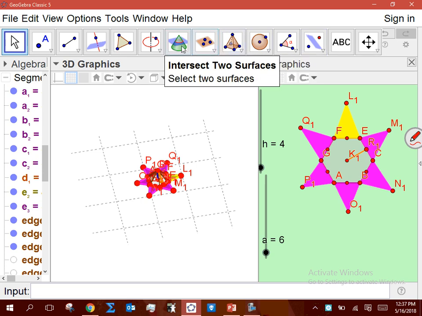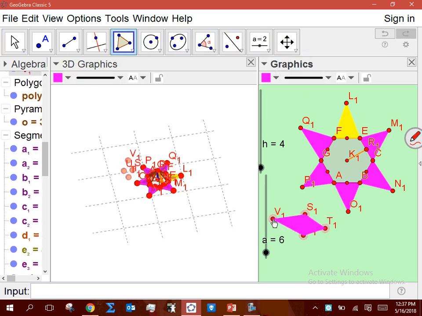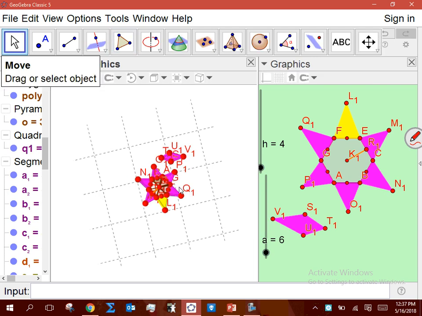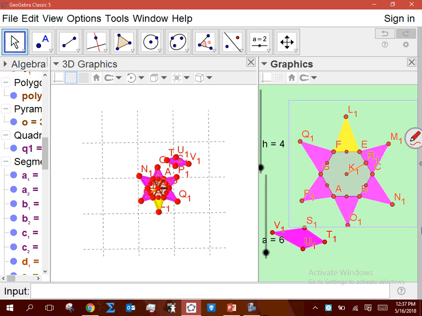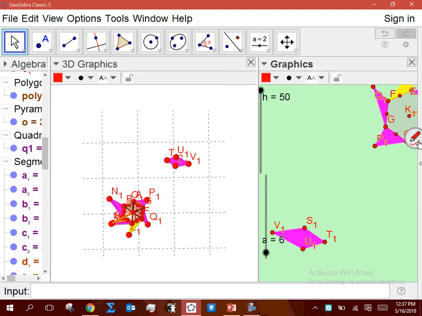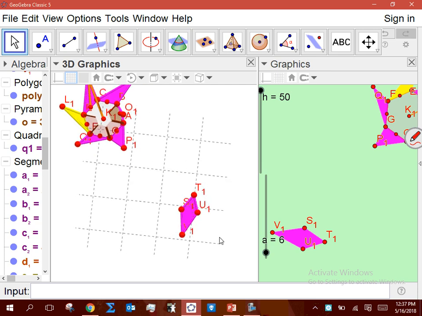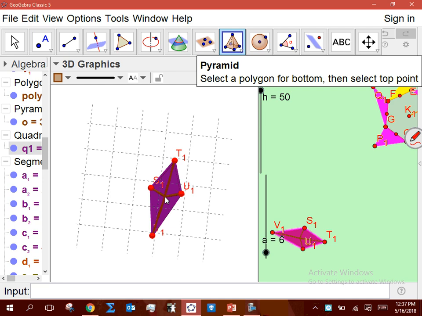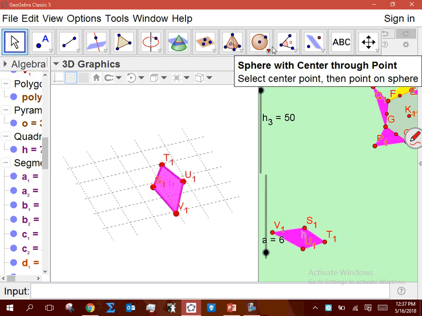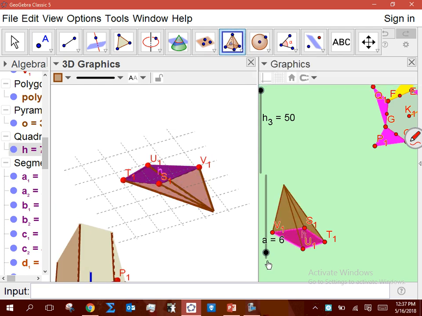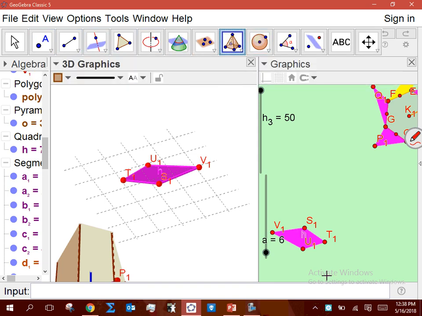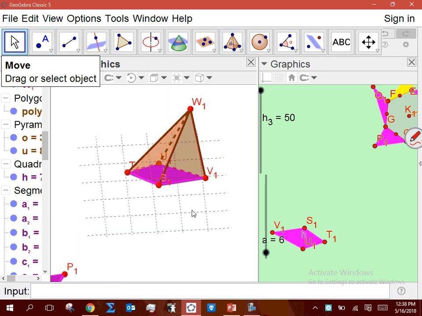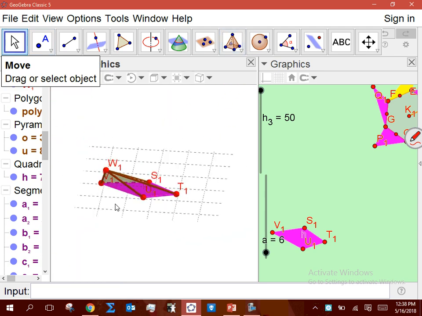But we could have, well, there you go. So we could have, that's a pyramid still, okay?